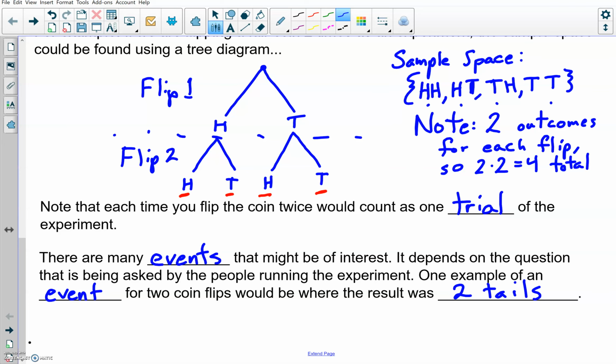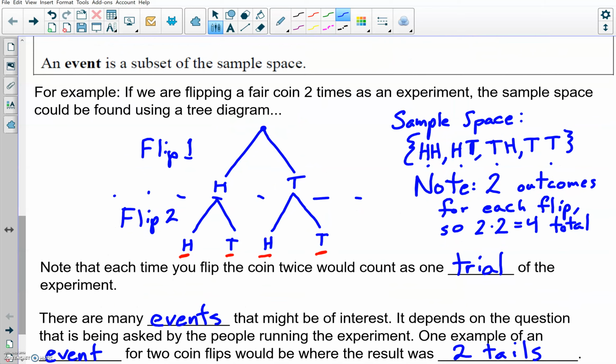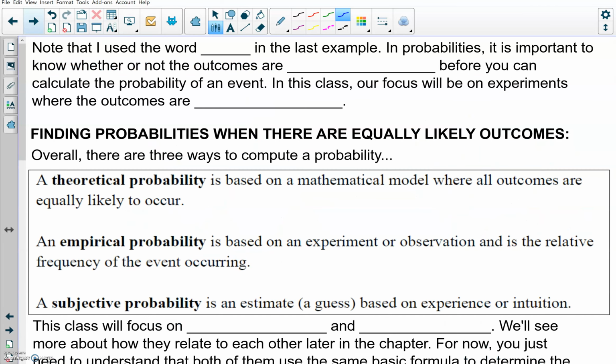So one thing that we're going to see here that gets kind of glossed over is this idea of fair, and when we talk about a fair coin. So let's focus on that a little bit on this next page. So note that I used that word fair in the last example.